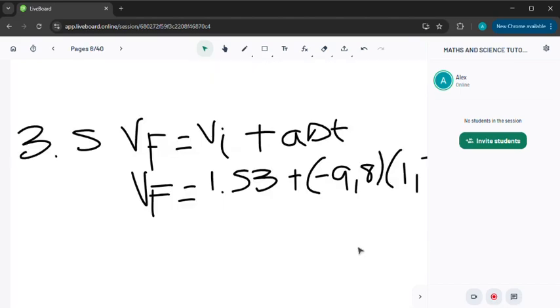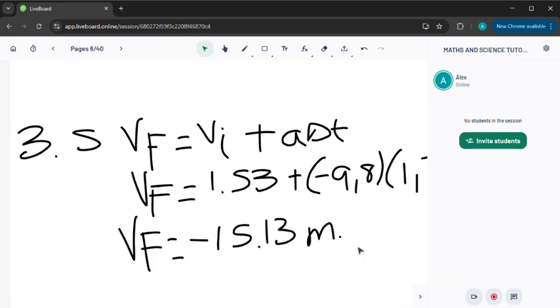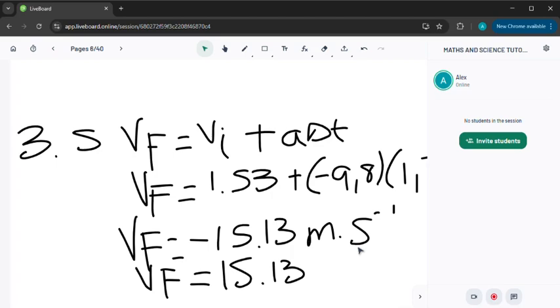Therefore Vf is equal to 1.53 plus negative 9.8 multiplied by 1.7. This gives us negative 15.13 meters per second. Vf is 15.13 meters per second downwards.